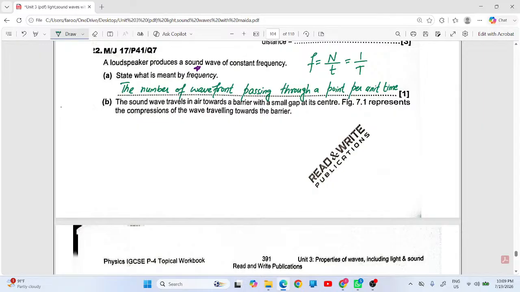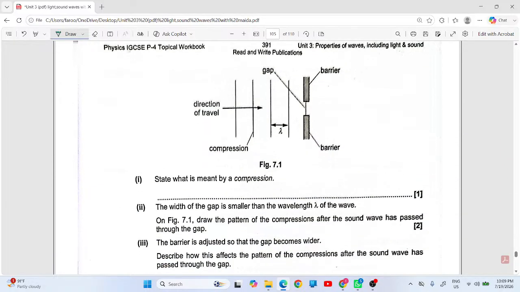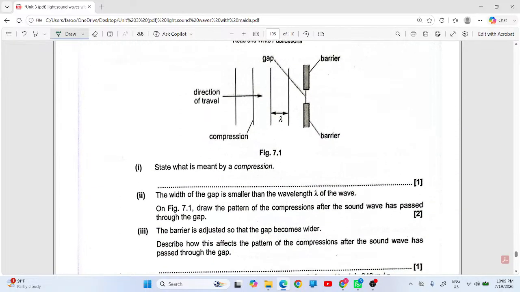Next, sound waves travel in air towards a barrier with a small gap at its center. Figure 7.1 represents the compressions of the wave traveling towards the barrier. This one is related to diffraction, and we know that diffraction में क्या होगा. ये wavelength, अब देखें size हमें, gap width is smaller than the wavelength. तो हम कहते हैं कि wavelength is greater than the gap width.